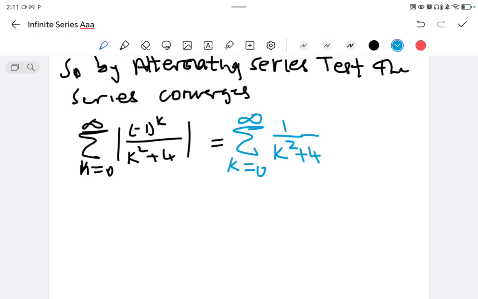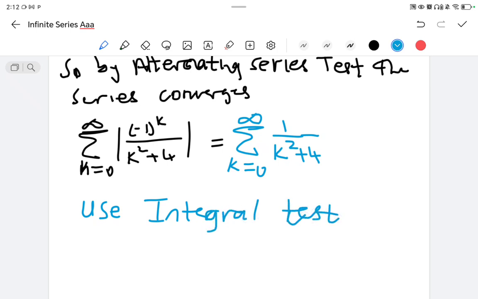Also by comparison test, we're going to get that by the p-series test, 2 will be greater than 1, right? So you can use the following. You can use integral test. You can use ratio test.